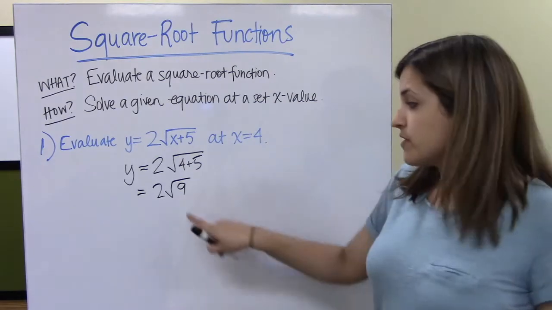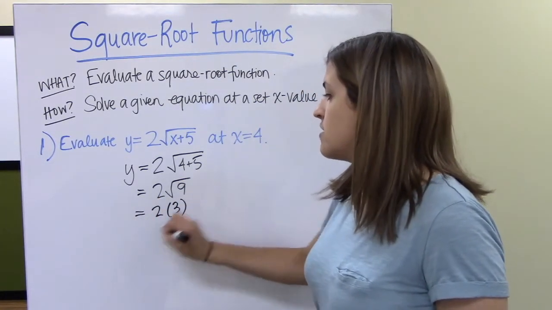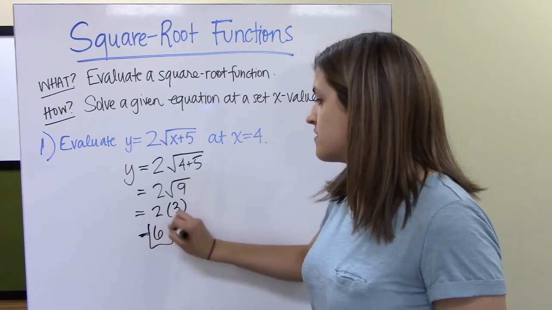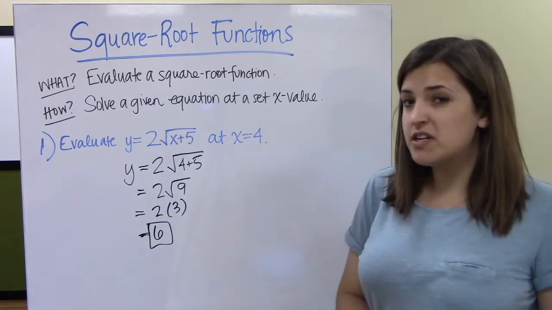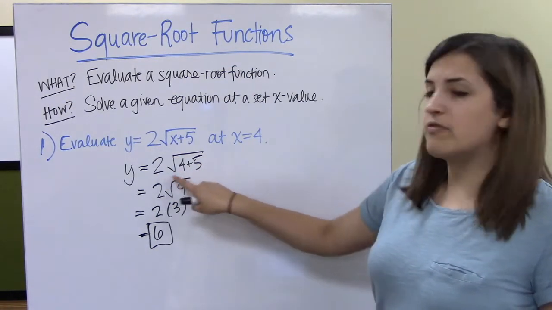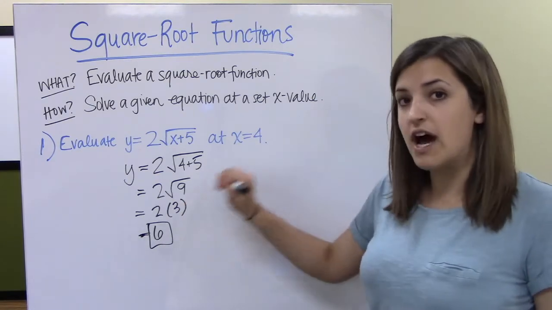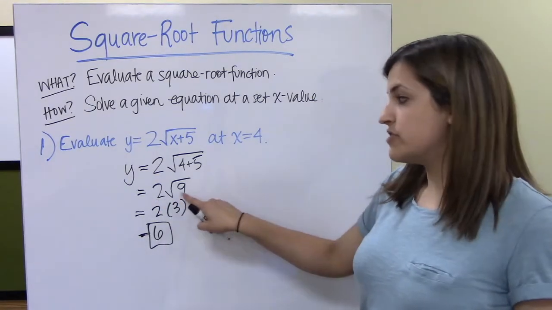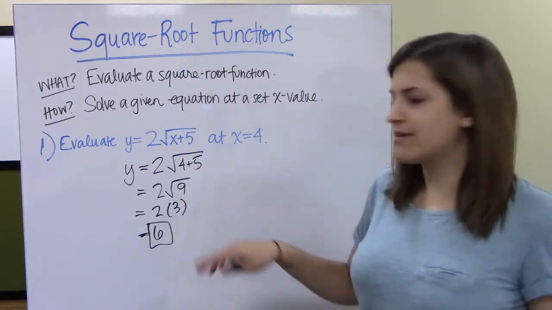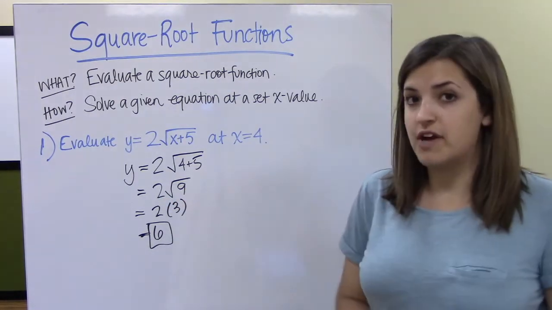We know that the square root of 9 is 3, so this equals 2 times 3, which equals 6. The main thing to remember here is that we can't multiply this 2 by anything in here before we evaluate that square root. So we need to evaluate the square root of 9 before we multiply by 2. We can't have square root of 18. We can only do square root of 9 first.